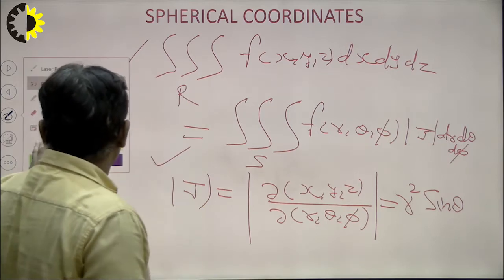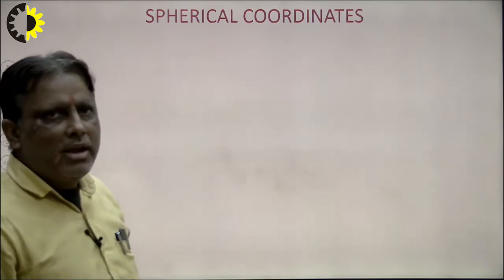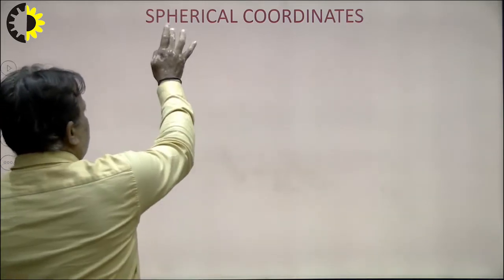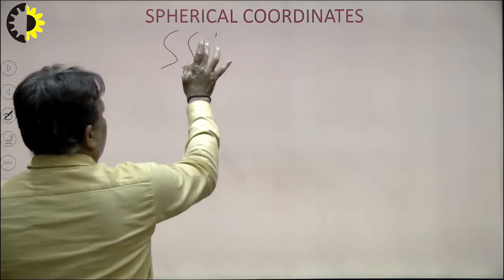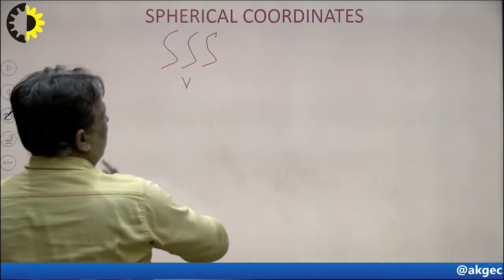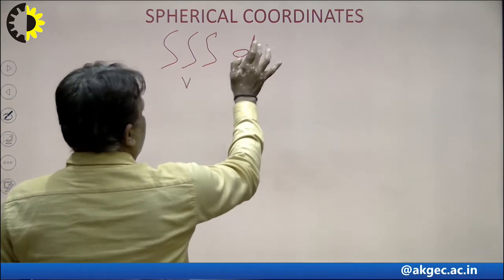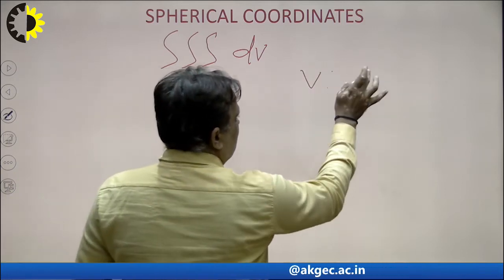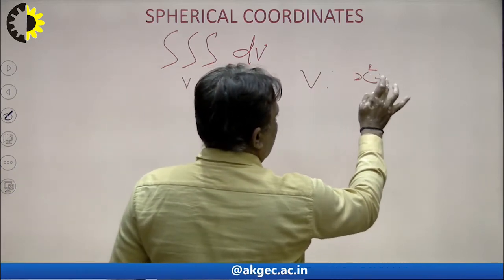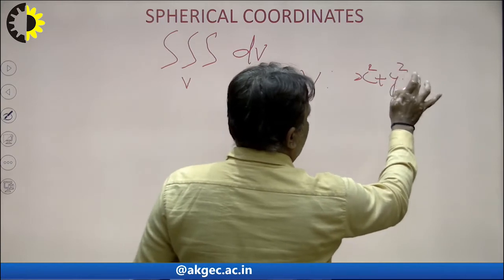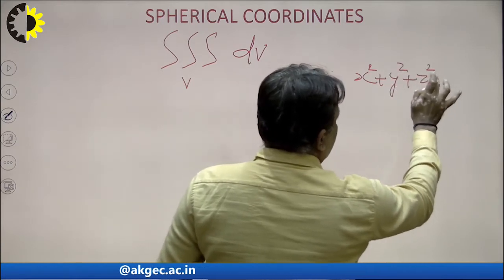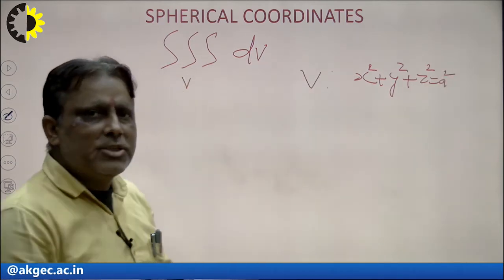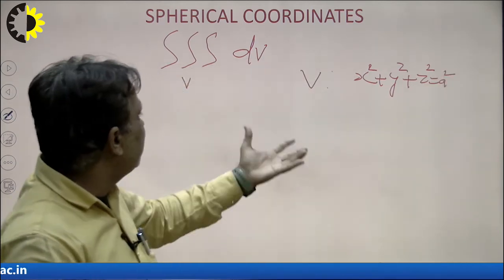Now we see here, suppose I have a problem to find the volume of a sphere. How do we calculate V, where V is the sphere x square plus y square plus z square is equal to a square? How to get the volume of the sphere here?